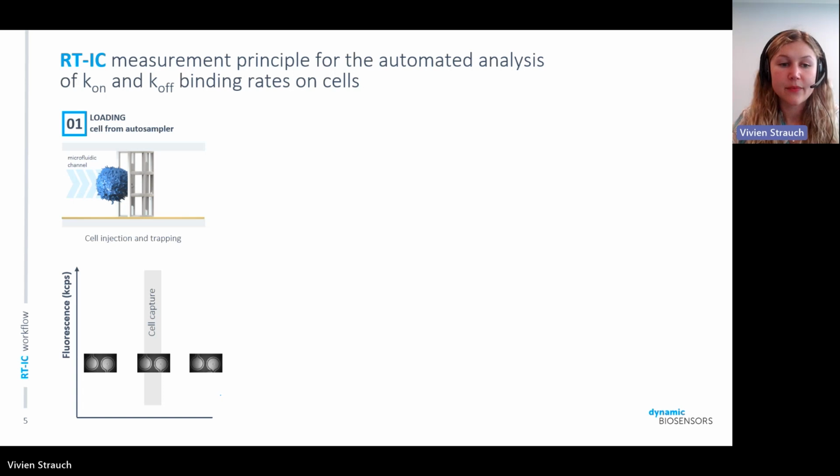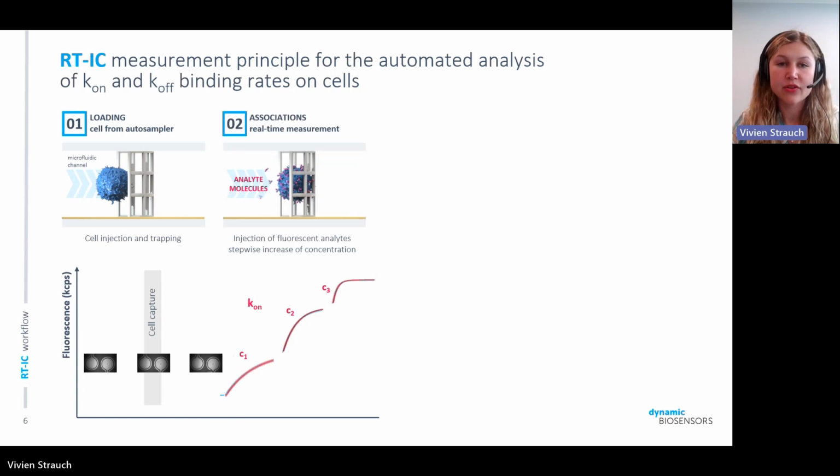In a second step, we will then measure the association. An RTIC experiment is based on fluorescence, so you need a fluorescently labeled analyte, and the analyte solution will then automatically be injected with a stepwise increase of concentration, and by the increase in fluorescent signal, you can then derive the on rate of your interaction.